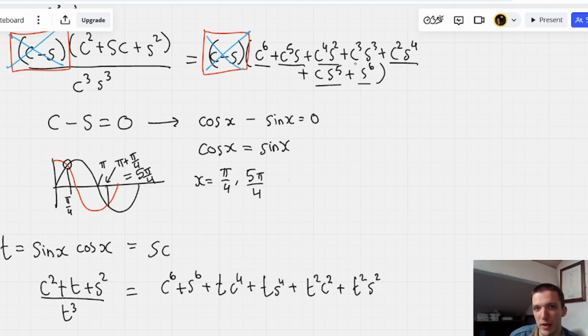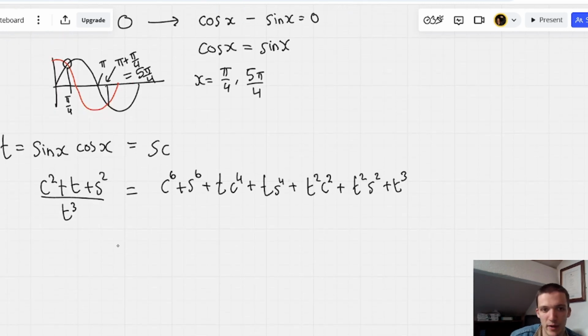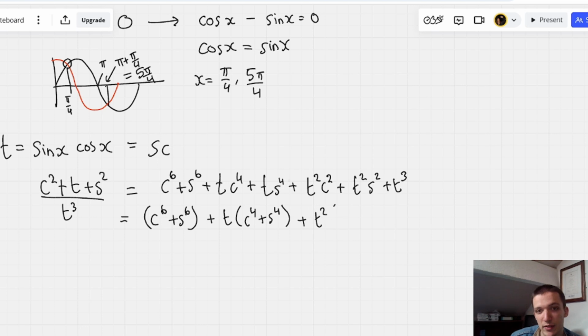And then I've got this in the middle, which is my last one, which is c cubed s cubed, that's simply t cubed. Now, can I group some stuff? Yes, I can. I can say c^6 plus s^6. I'm going to group that in some brackets just for notation's sake. I'm going to say t times (c^4 plus s^4), factorise that, plus t squared times (c squared plus s squared), plus t cubed.